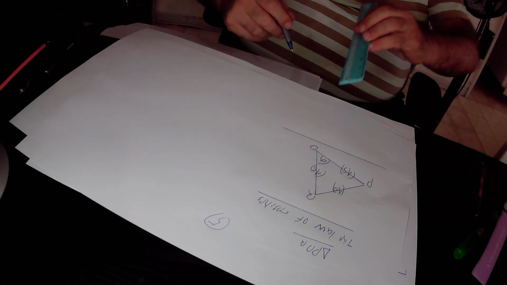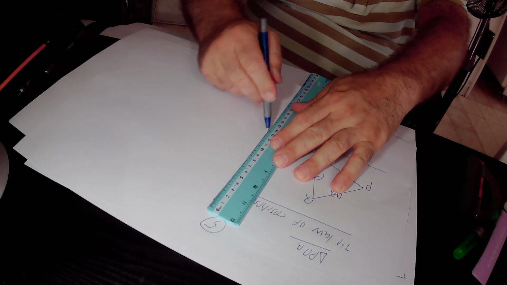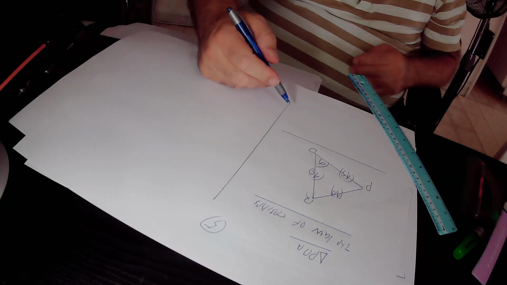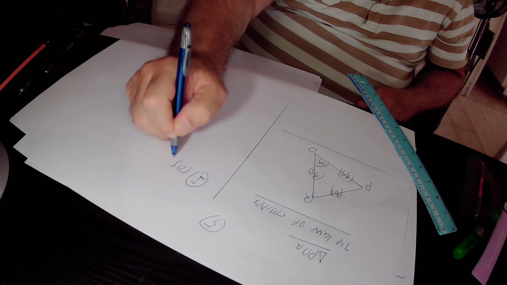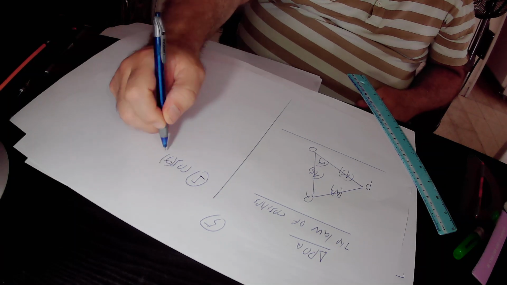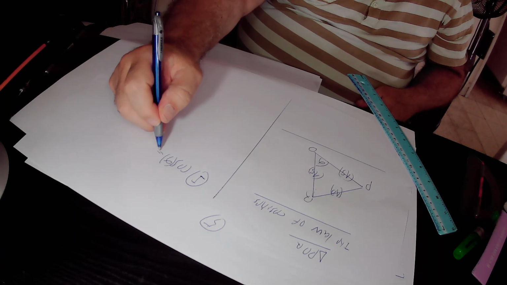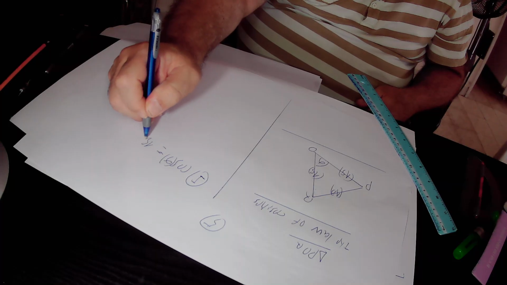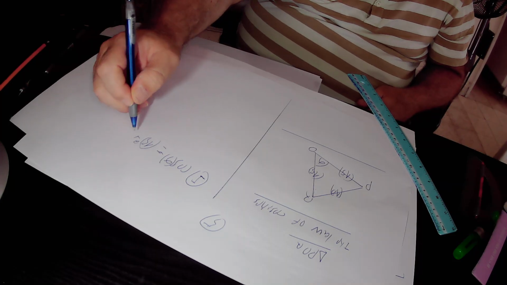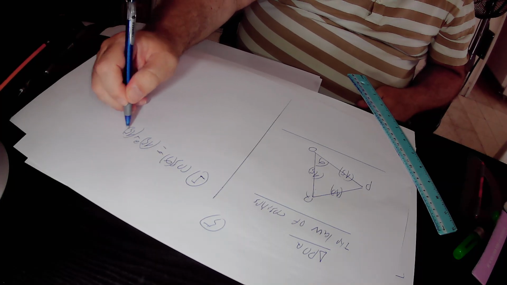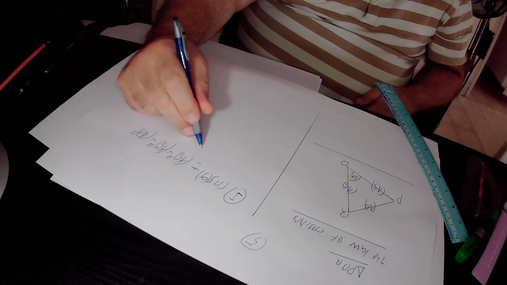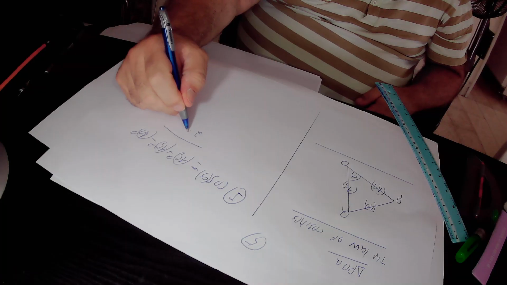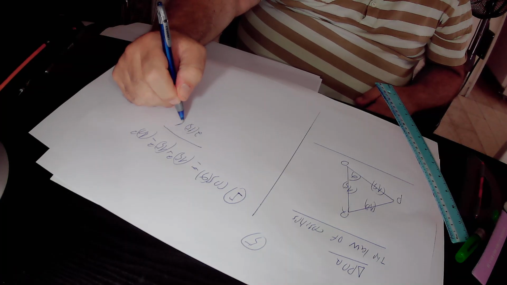According to the law of cosines, in this triangle POQ, this will be equation 1: cosine alpha equals 15 squared plus 15 squared minus 10 squared, divided by 2 times 15 times 15. Repeat again.